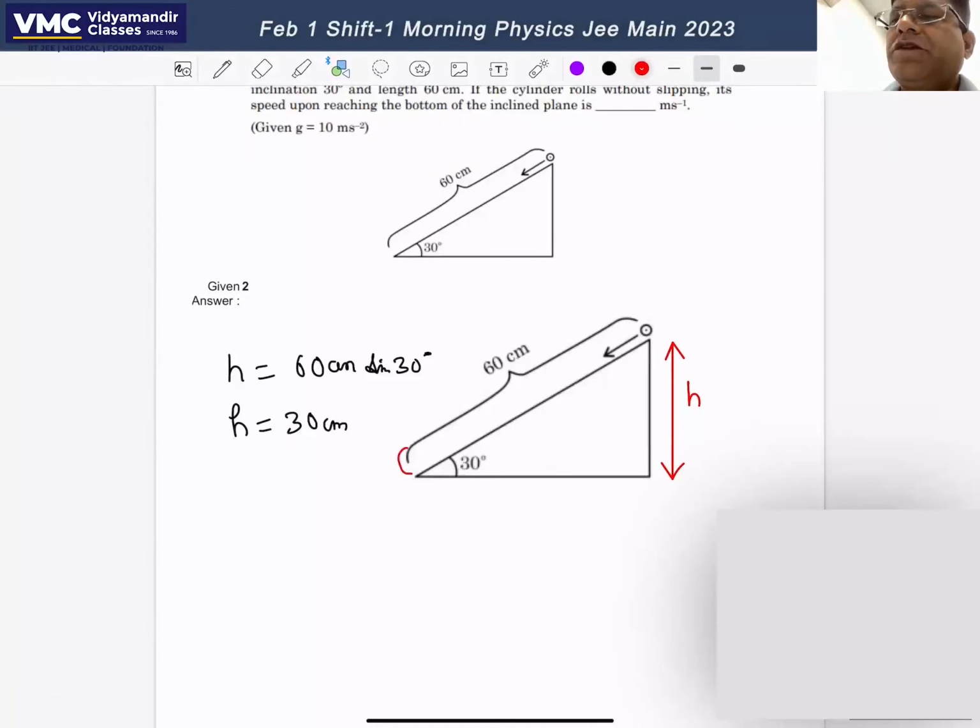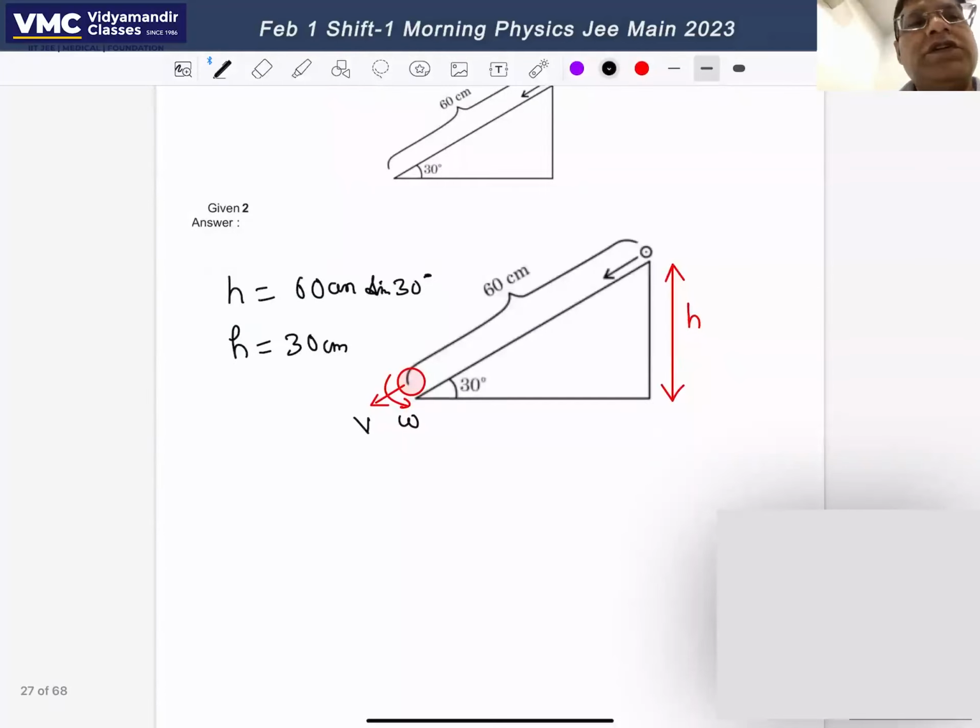When this cylinder reaches here, it will have velocity and angular speed both. So say its velocity is v and angular speed is omega.